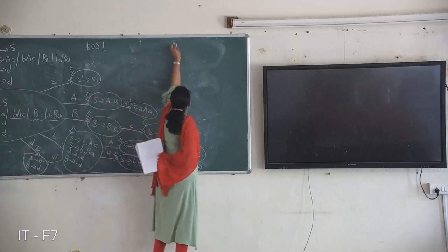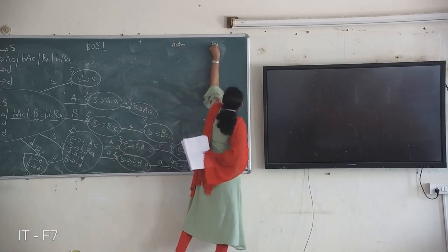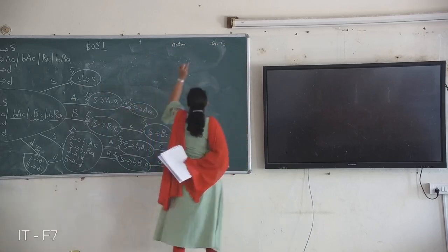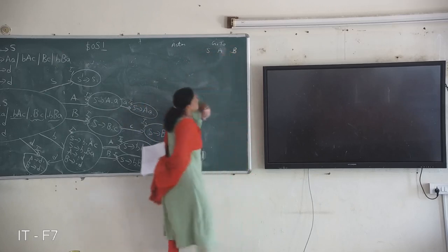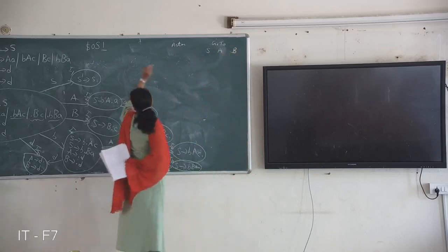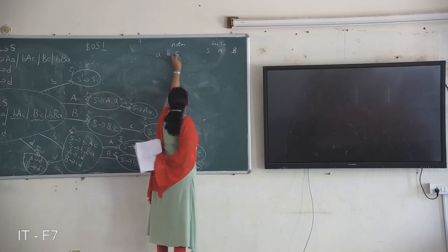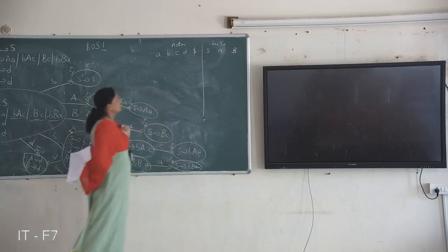So action and goto. The non-terminals are S, A, B and terminals are a, b, c, d, dollar. A, B, C, D, dollar.